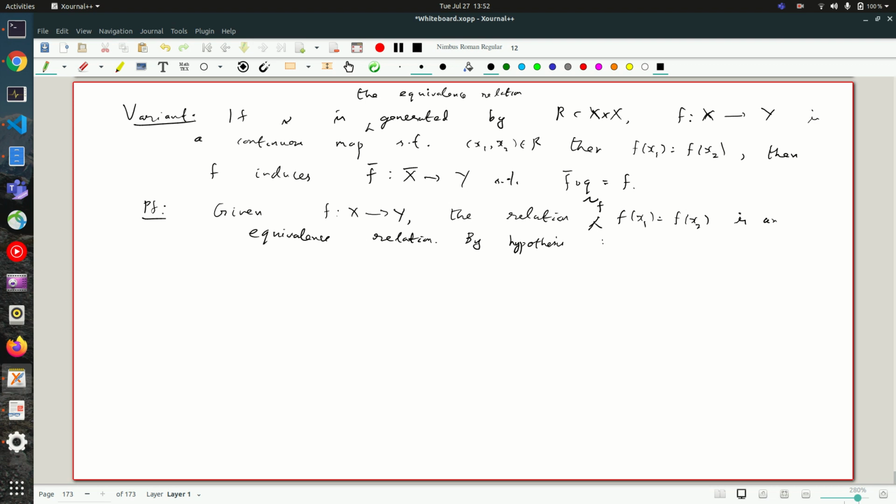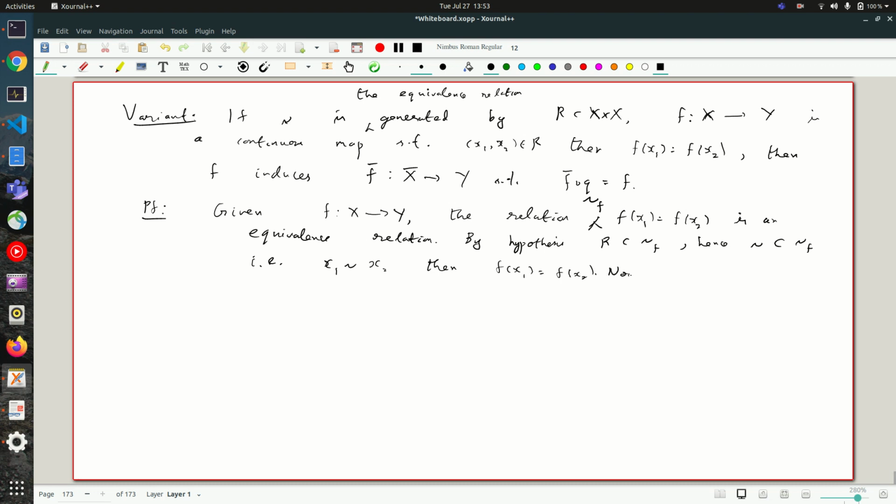By hypothesis, R is contained in tilde f. That is, any two elements that are related in R are related by this. But hence tilde is contained in tilde f, because the equivalence relation generated is the smallest equivalence relation containing R, and tilde f is an equivalence relation containing R. Now, if x1 is equivalent to x2, then f of x1 equals f of x2.